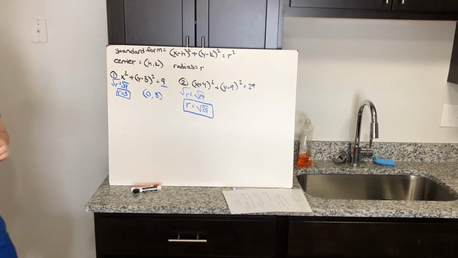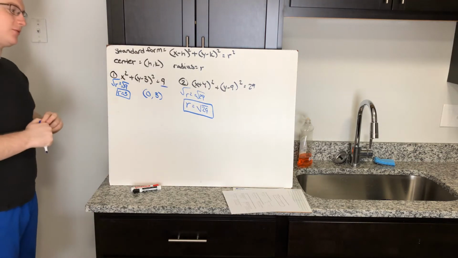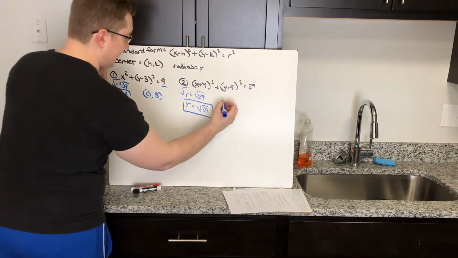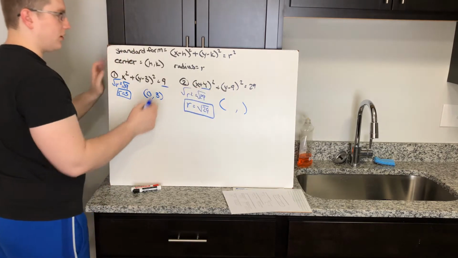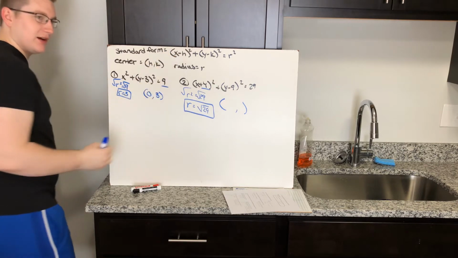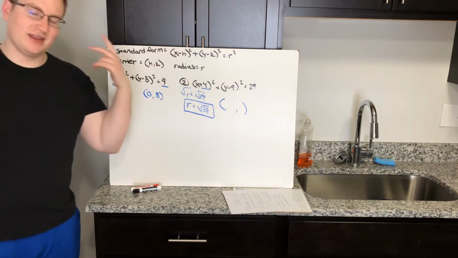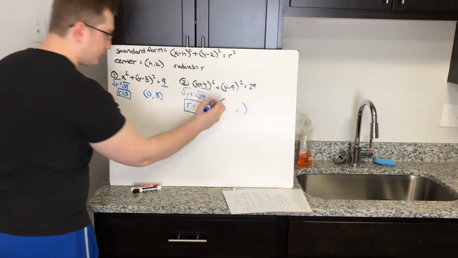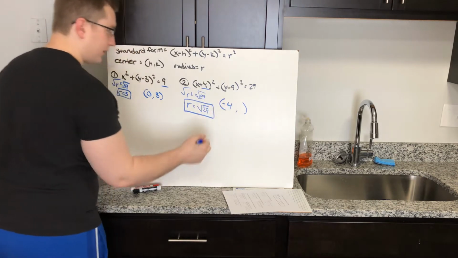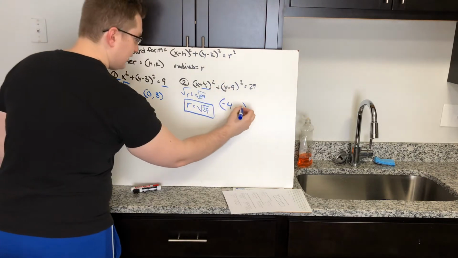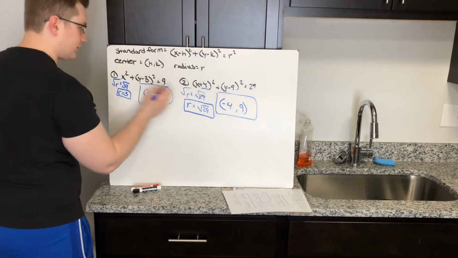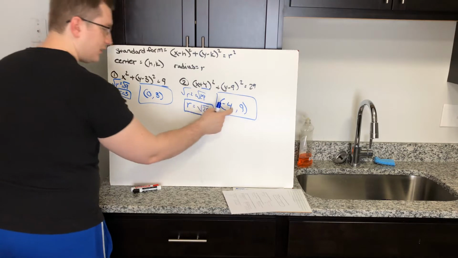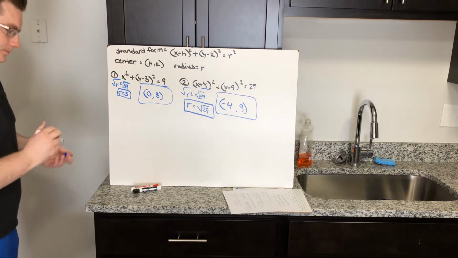Please don't put that as a decimal. We want exact answers only. And then I look for my center. I look at the x. I have a positive 4. But because there's this minus in our original formula, we always have to take the opposite. Opposite of positive 4 is negative 4. Opposite of negative 9 is positive 9. This is the center of my circle. The radius is square root of 29. The center is (negative 4, 9).